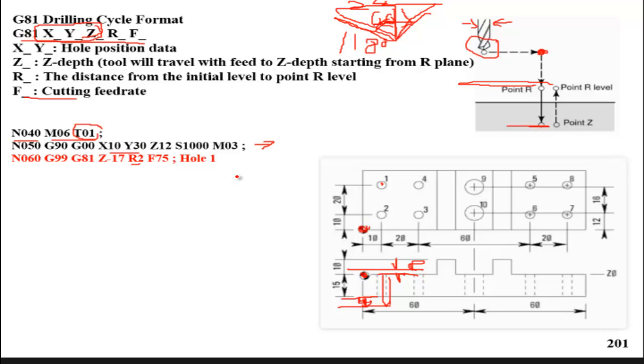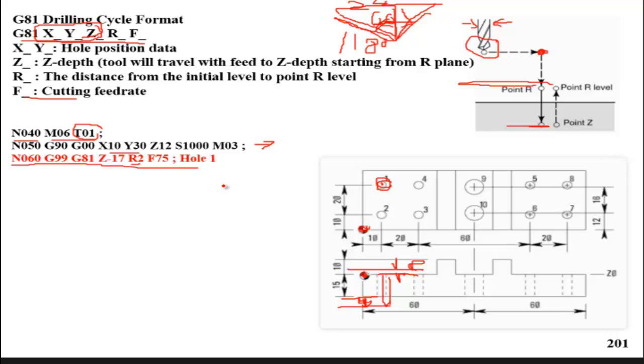What is next? Up to that point, we created the first hole. So what do you expect for the second hole? We will apply the same canned cycle for the second, third and fourth holes. We will not repeat that cycle again, because as we mentioned before, it is one of the characteristics of the canned cycle.